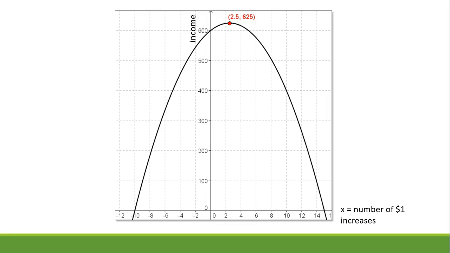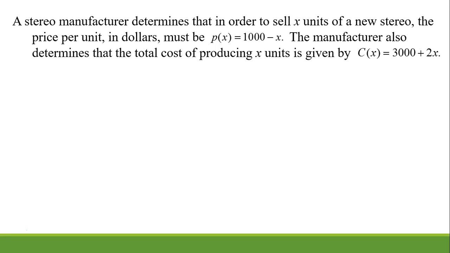So the vertex of this parabola is at (2.5, 625), meaning 2.5 $1 increases, which is a $2.50 increase in the price of a mug, will result in a $625 income.